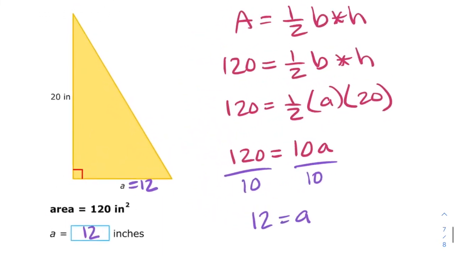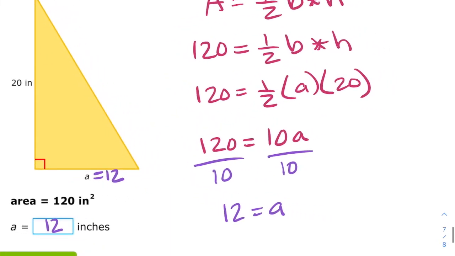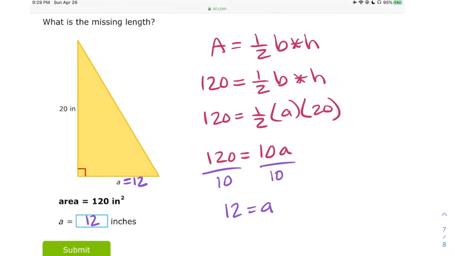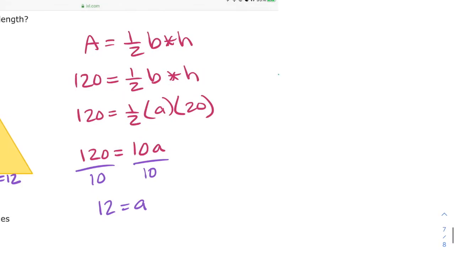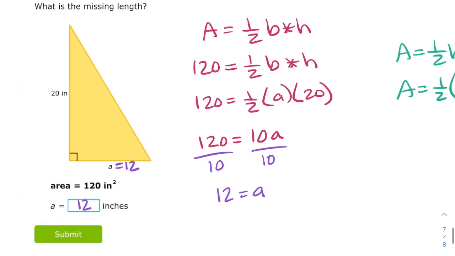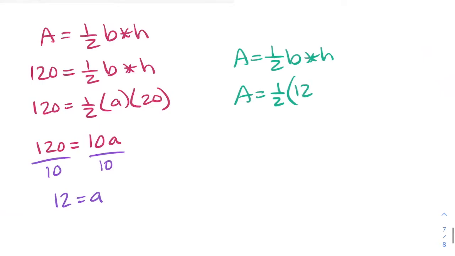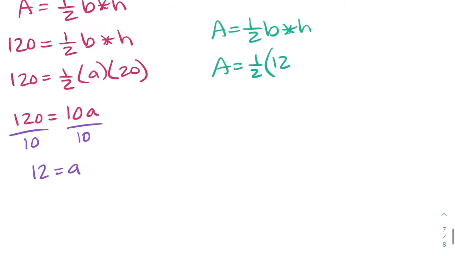Now let's check our work. If A is correct, then area is 1/2 base times height. So area is 1/2 of my base, which is 12 inches, my height, which is 20 inches.